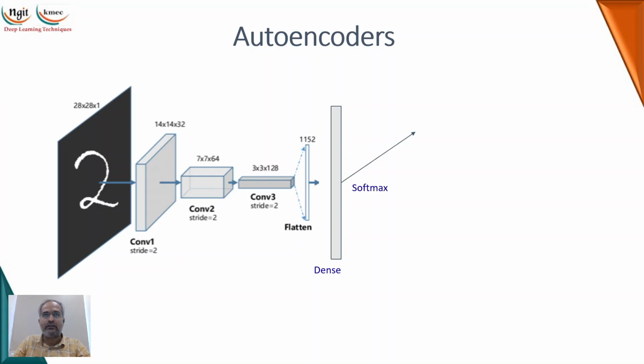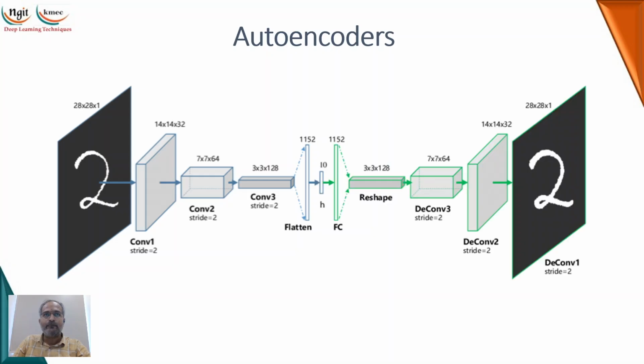After the dense layer, we have to regenerate the image, meaning we can create a mirror effect of the previous layers on the other side, so that we can regenerate the image. What we have to observe here is the middle one. This is the representation vector. We can represent that with H. This entire image will be represented in this small vector.